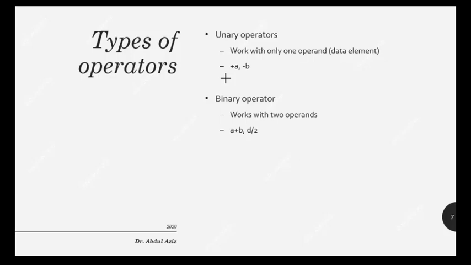And in the binary operator, we have used plus as a binary operator, which means it is going to work on two data members, that is a and b. So we can work with the operators in a unary form, or we can use the operator to perform some binary operations.